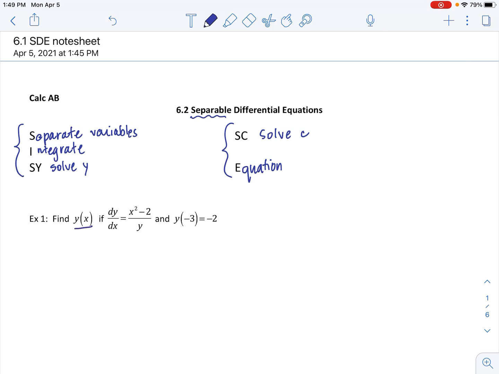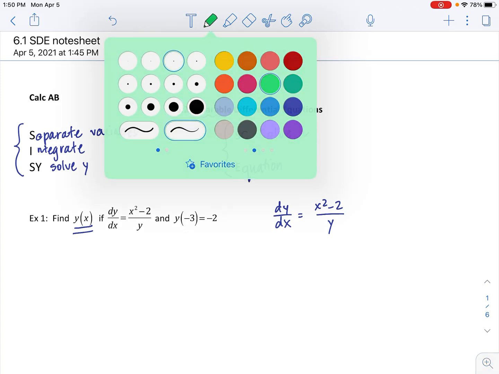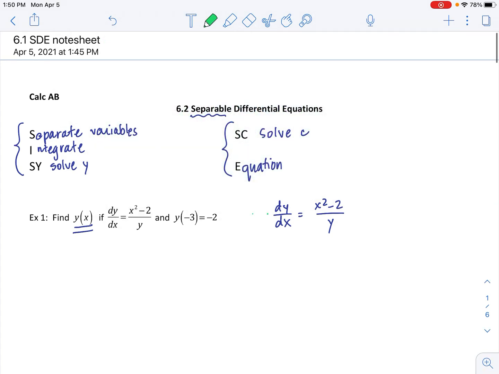So this is asking us to find an equation for this differential equation with this initial condition. You'll notice there's x and y in this equation, which is the first time we've seen that. So for the first time ever, we need to think of the dy and the dx as separable parts. In order to separate them out, I'm going to multiply both sides by dx.